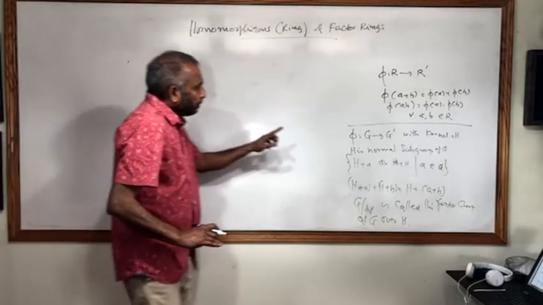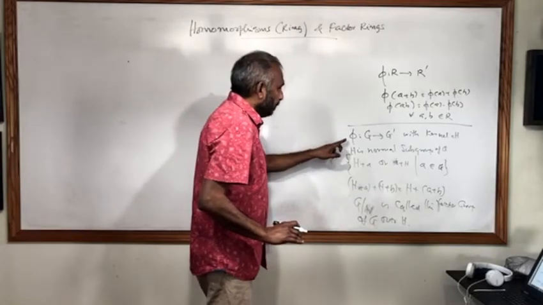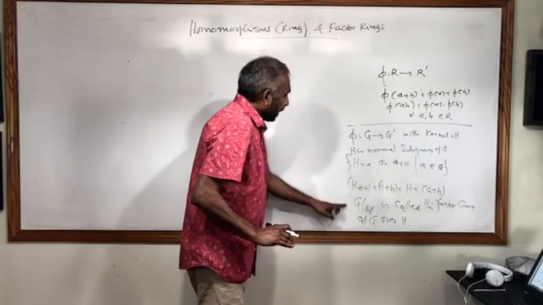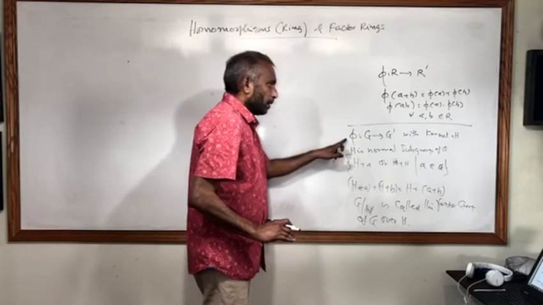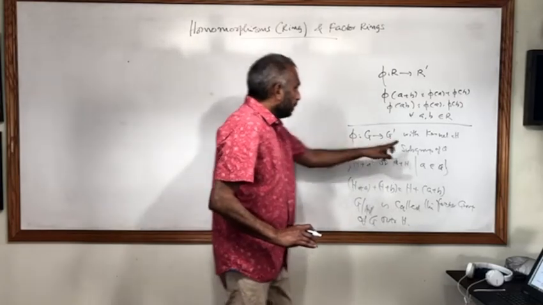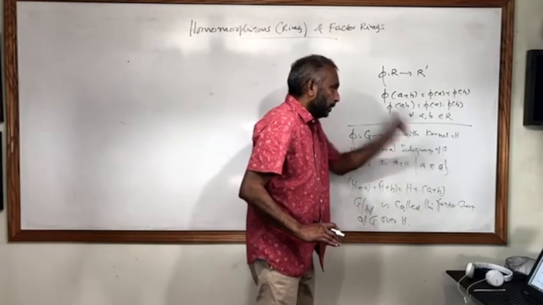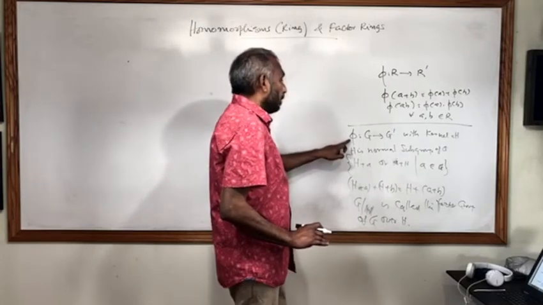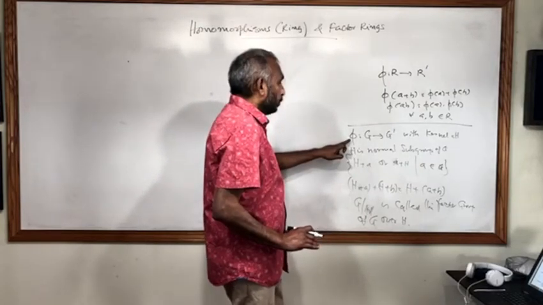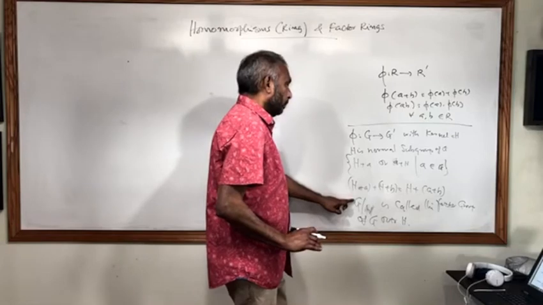By the way, here we are building the factor group from a homomorphism, and the kernel becomes a normal subgroup of G. But we don't need to have a homomorphism to define a factor group.